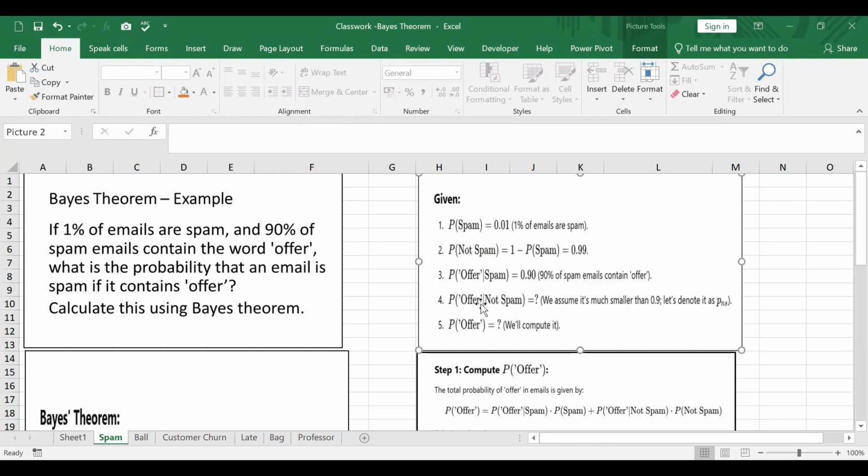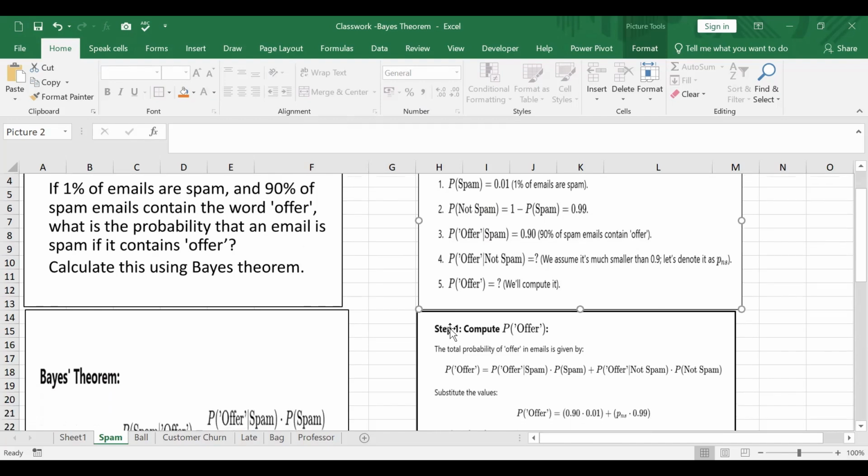Now, what is the probability of it not being a spam? If it is an offer, we do not know. So we have to assume some value. And we have to find out the probability of that mail being spam if it contains the word offer.